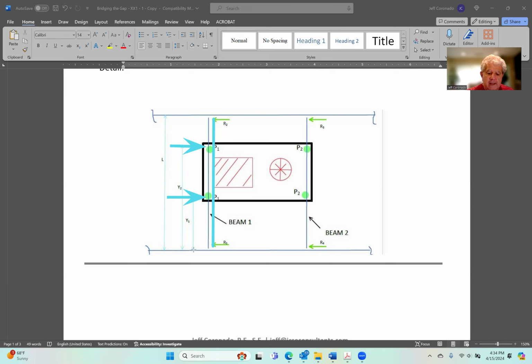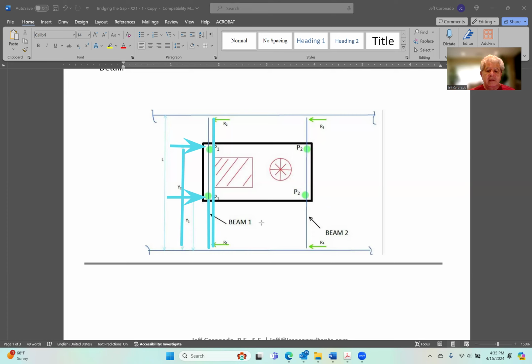From the mechanical equipment, you will have two concentrated loads of magnitude P1, located at a distance Y1 from the support and Y2 from the support. Two concentrated loads, magnitudes of P1 at Y1 and Y2 from the support, only resulting from the mechanical equipment.